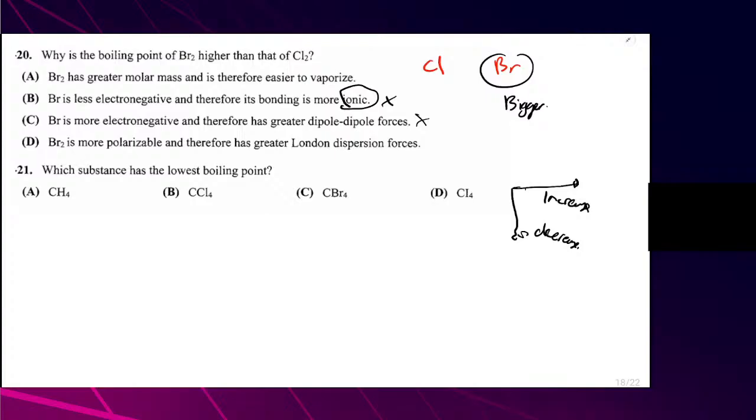And then how about option A? Br2 has a greater molar mass, therefore easier to vaporize. If we are saying easier to vaporize, it will have a lower boiling temperature.